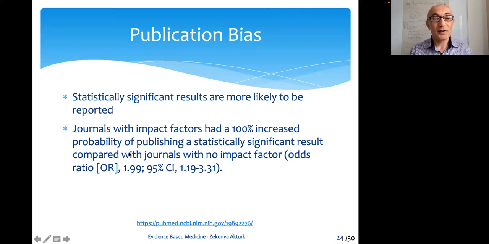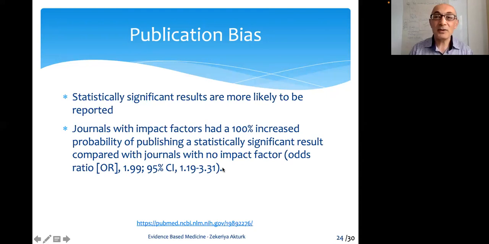Those high-ranking journals had a 100% increased probability, that means an odds ratio of 1.9, almost 2 times, of publishing a statistically significant result compared with journals with no impact factor.